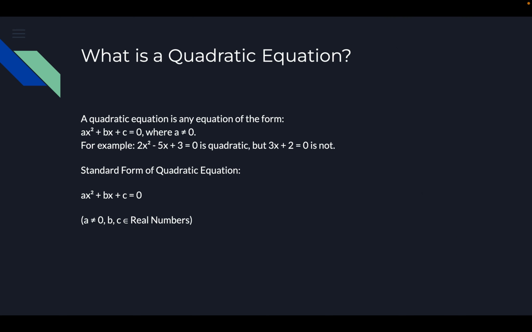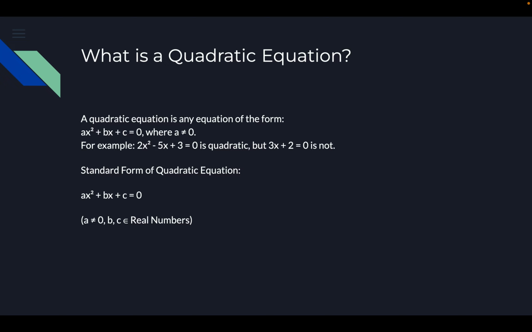A quadratic equation is any equation of the form ax² + bx + c = 0, where a is not equal to 0. For example, 2x² - 5x + 3 = 0 is a quadratic equation, but 3x + 2 = 0 is not, because the x² coefficient a is 0.